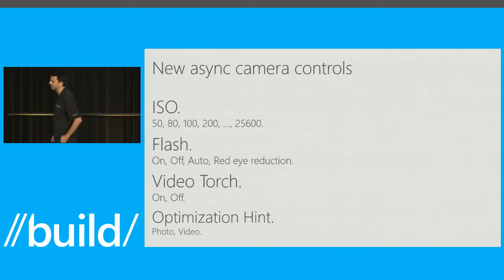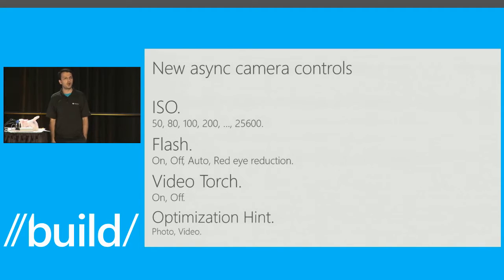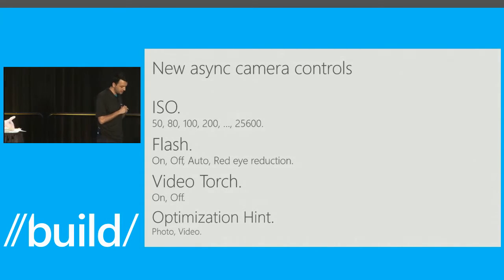Another one that we have here is something called optimization hint. Talking to our hardware partners, we heard this feedback a lot. Our APIs allow you to take a picture or record a video without specifying a mode. Your app doesn't have to be in a mode. You can do both.